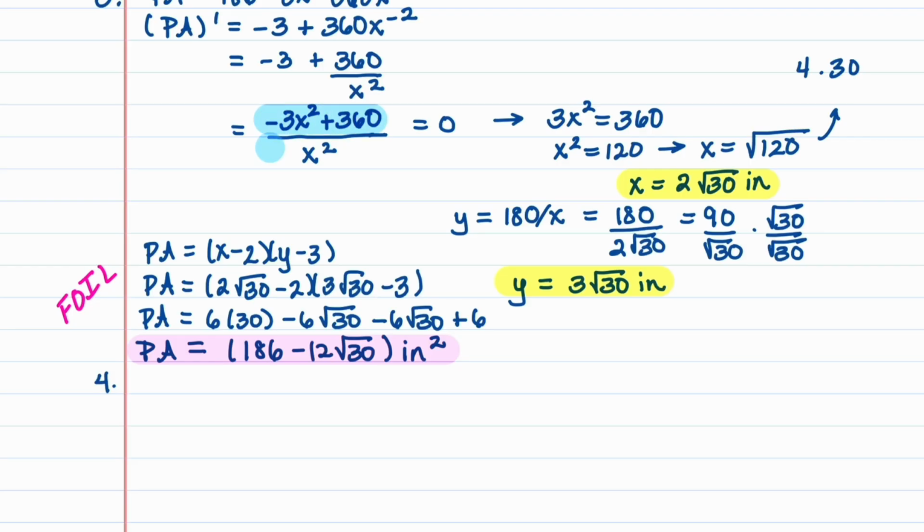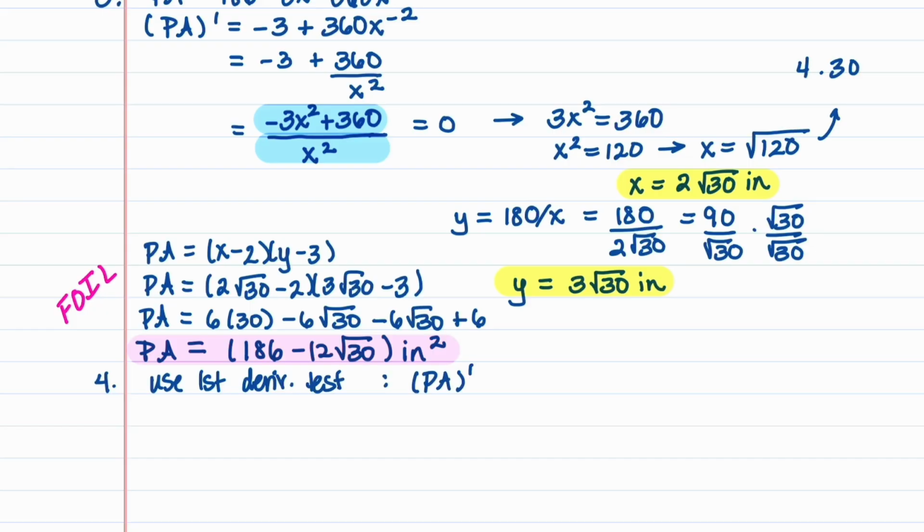This expression right here is our first derivative. We can use the first derivative test or the second derivative test for our justification. Honestly, I don't think it matters for this problem which one we use. I think they're both complicated. I am going to choose to use the first derivative test. So I'm just going to put down what our derivative is.